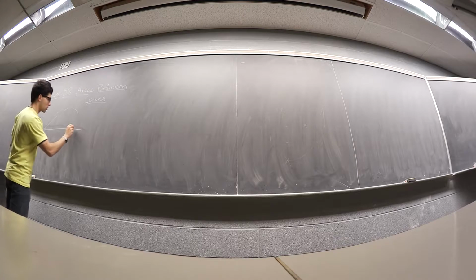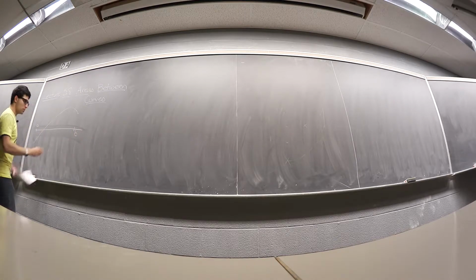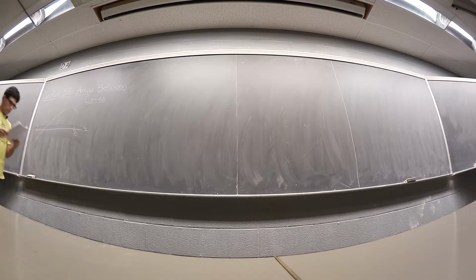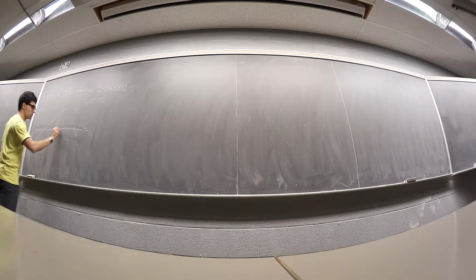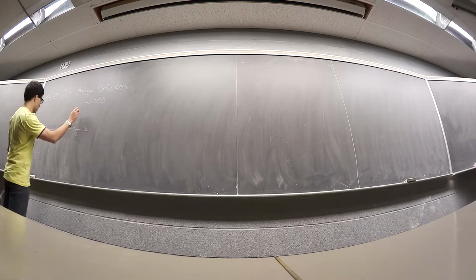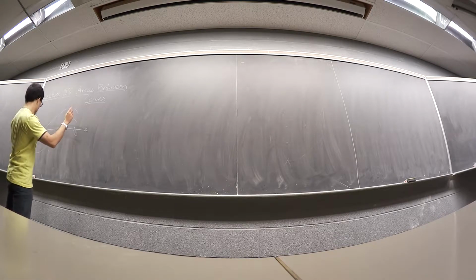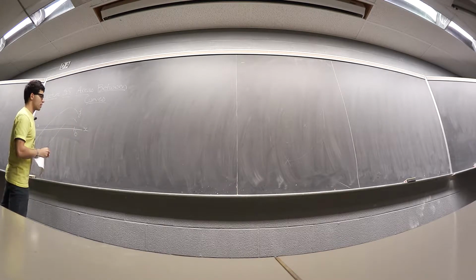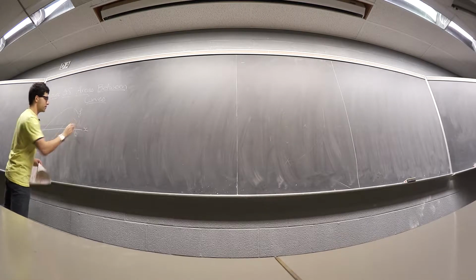From A to B. This is the x-axis. I won't draw the y-axis, so you don't know where this thing is. Can you see pink at the back? Good. Let's say that's F. Let's say pink is G.